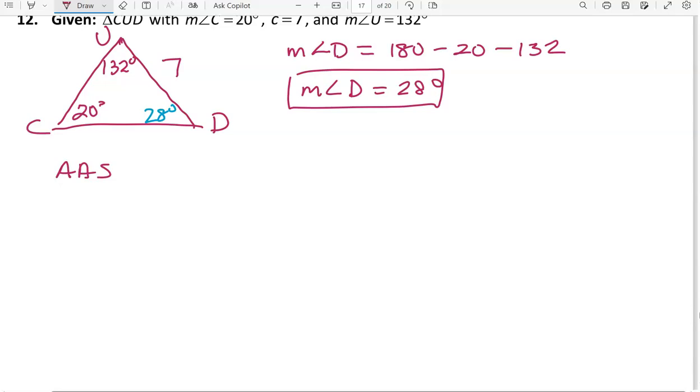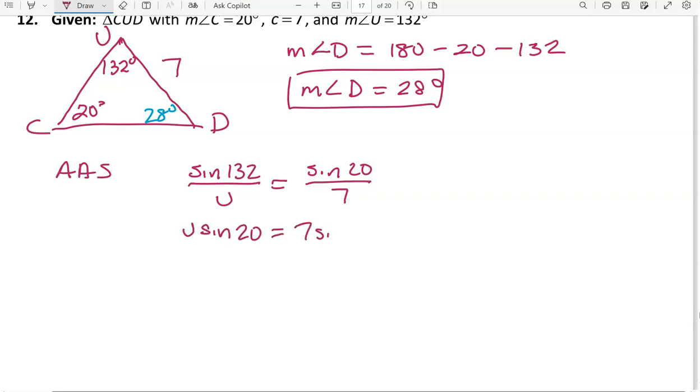So to find a remaining side, sine of 132 divided by the opposite side, which we'll call u, is equal to the sine of 20 degrees divided by 7. Cross multiplying, u times the sine of 20 degrees equals 7 times the sine of 132.